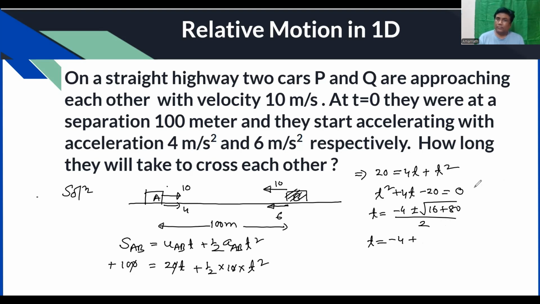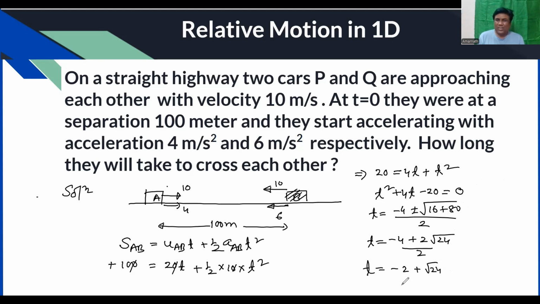You can even take the 4 out. That will be 2, and that will be 4, it will be 10. So 4, 24, yes, by 2. So it will be minus 2 plus root 24.